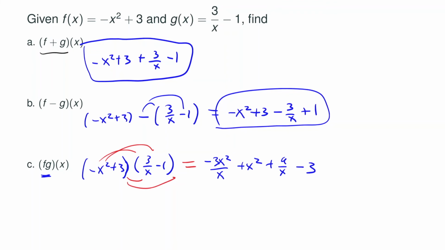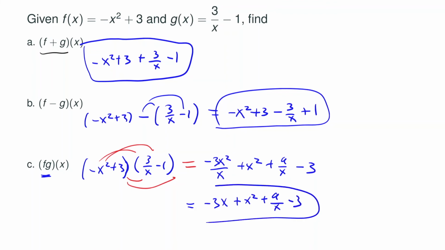Okay. Let's see. Yeah, so in this case, we can cancel out this x. We can't always cancel that in functions, but for now, we could cancel for this one. So this is the final answer.